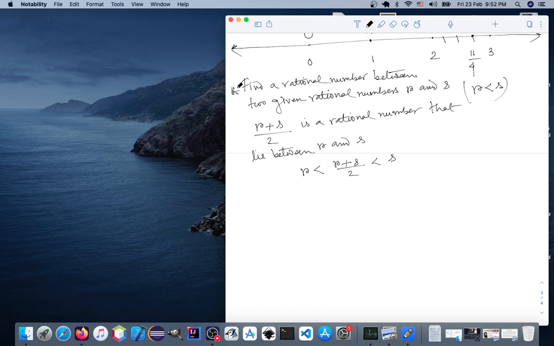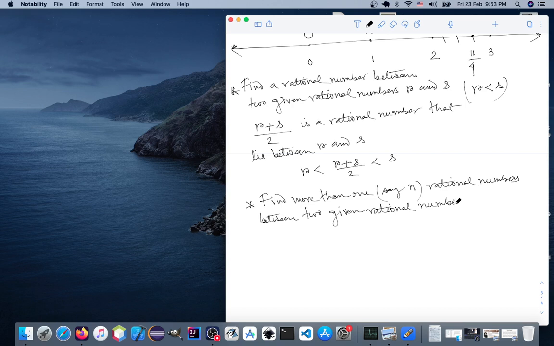This is finding a single rational number between two given rational numbers R and S, and now find more than one, say n rational numbers between two given rational numbers R and S. How to find more than one?